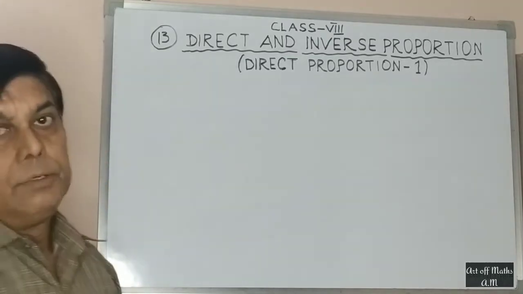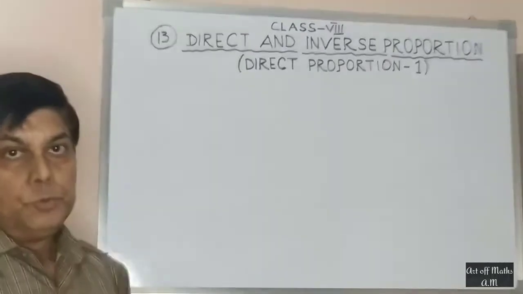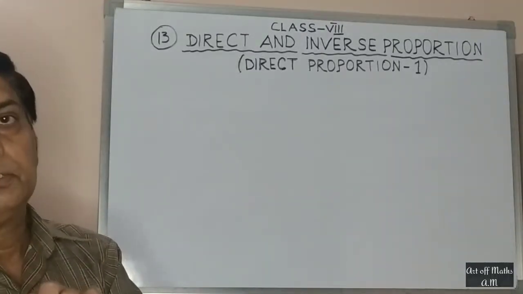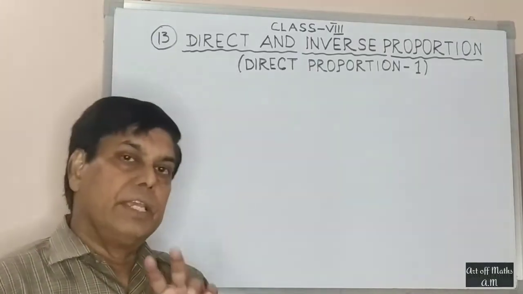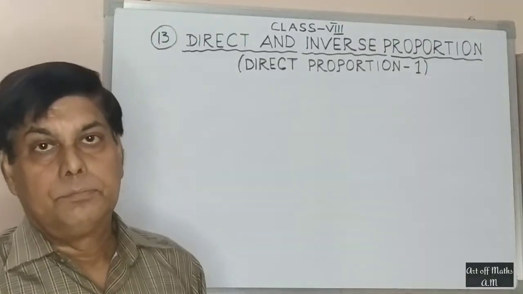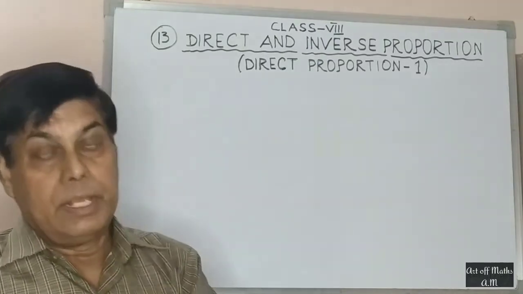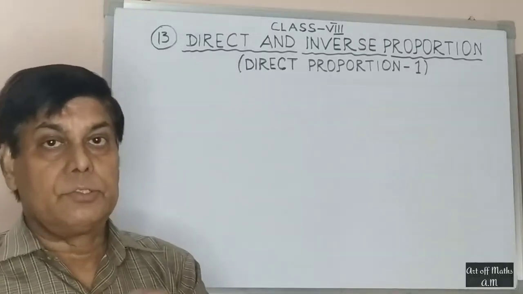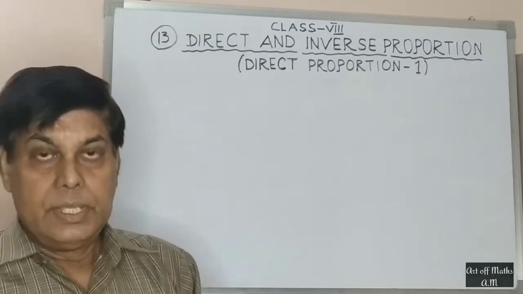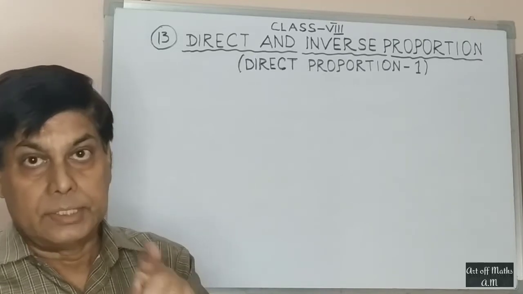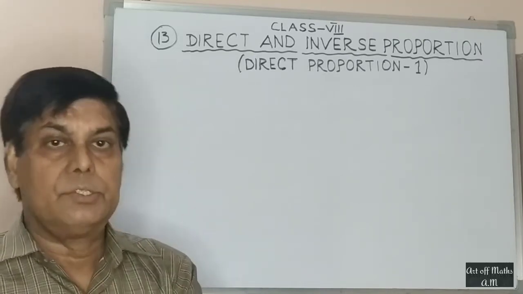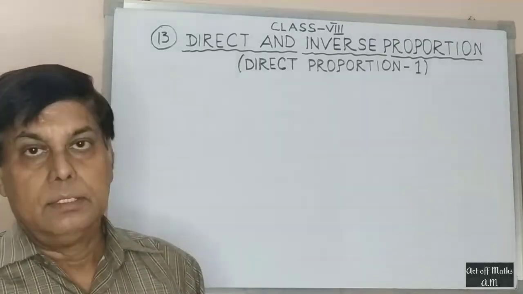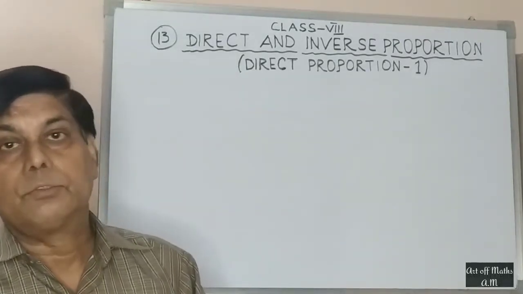I am repeating again: two quantities, say x and y, are said to be in direct proportion if whenever x increases or decreases, then the other quantity y must increase or decrease in such a way that x by y equal to k, which is constant.